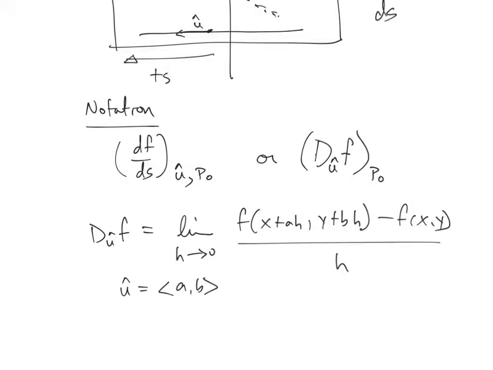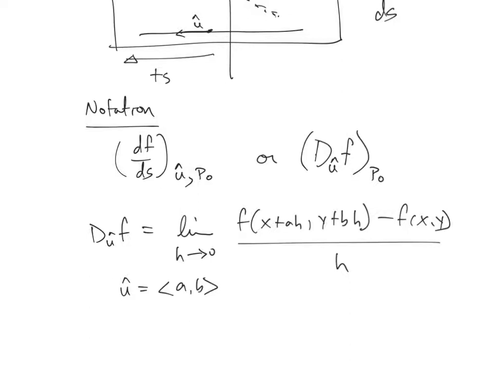Okay, so we can take the derivative in any direction, meaning we change x a little bit, and we change y a little bit. And how much do we change them by? Well, h is some increasingly small number times a, where a is the x component of the direction in which we're finding the derivative, and b is the y component. So we change x by a times h. We change y by b times h. Okay? Minus the function value at the original coordinates xy, divided by h as h gets really, really small.